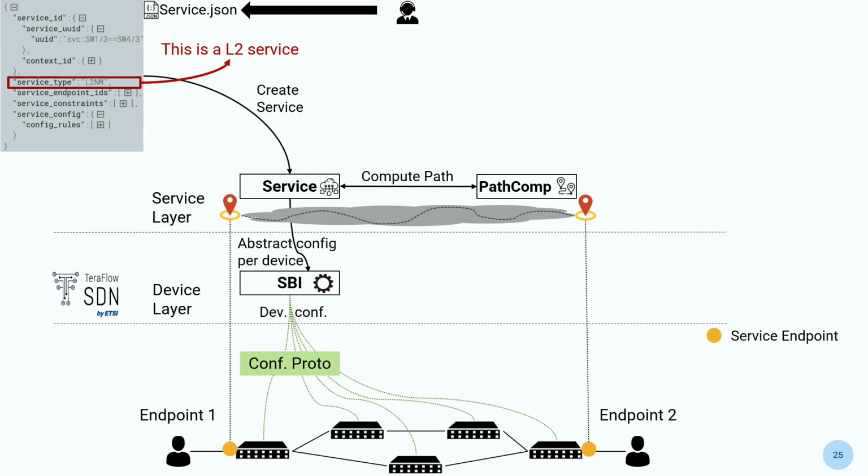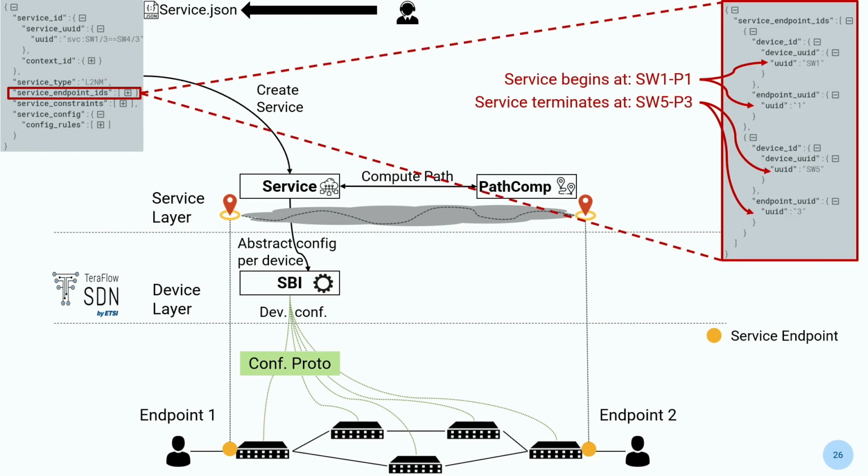Now, in this specific example, the JSON file assumes a layer 2 VPN service, and we specify endpoints which correspond to the switches marked with yellow bubbles. So our connectivity service begins at switch number 1, P1, and terminates at switch number 5, P3. Essentially, we would like to connect the two hosts of the topology through this intent.